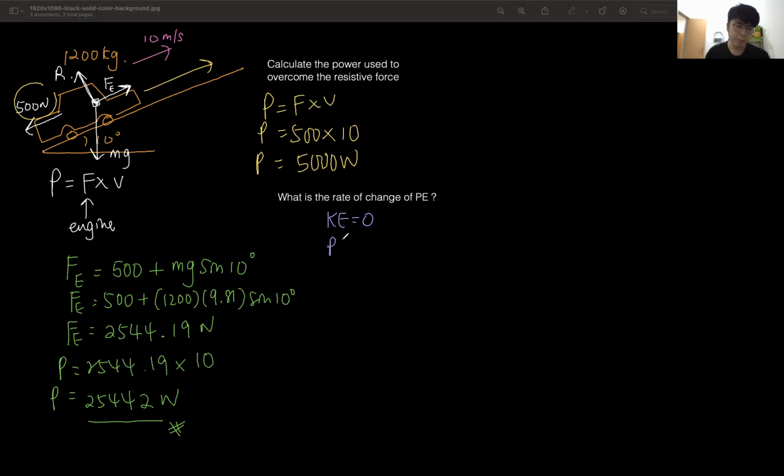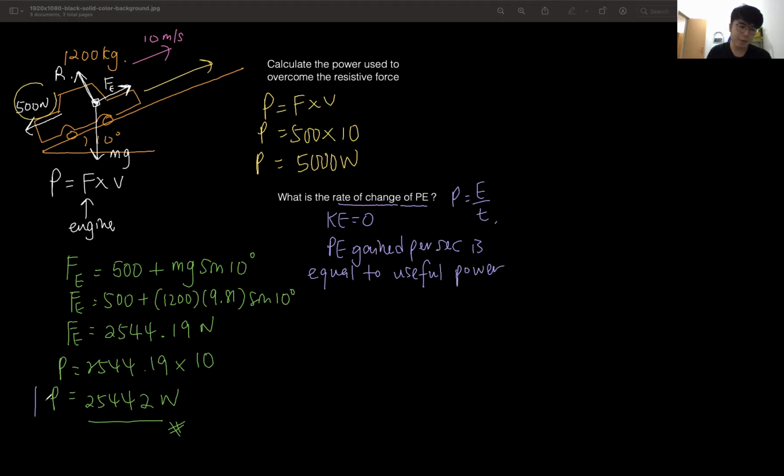We want to calculate the rate of change. Rate of change is another way to refer to power, right? Power is just the rate of change of energy. So we want to calculate the rate of change of potential energy. Then we calculate potential energy gain per second. That is energy per second, which is equal to useful power.